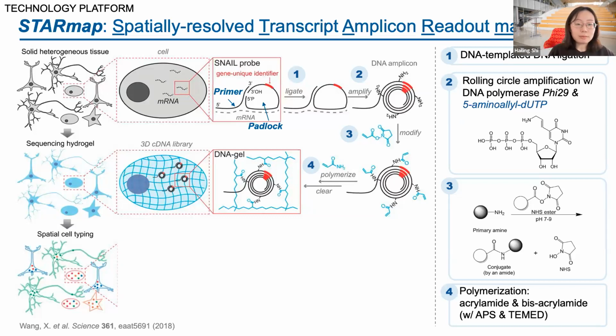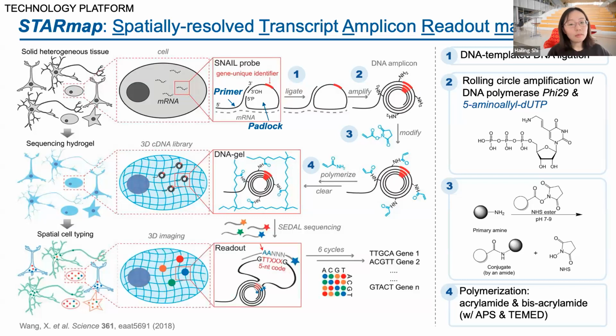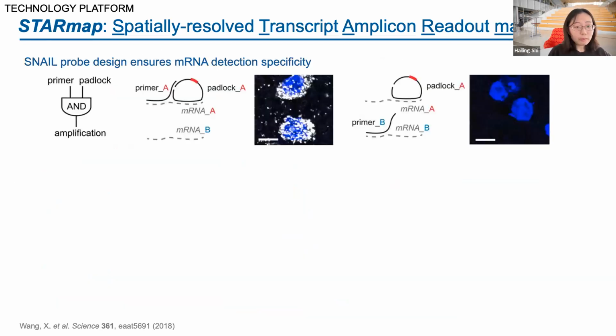And we also have this mechanically very stable sample for many rounds of reaction and imaging to get the barcode identity and the mRNA identity. So in this tissue amplicon hybrid hydrogel, we perform sequencing by ligation-based sequencing to get the identifier sequence.